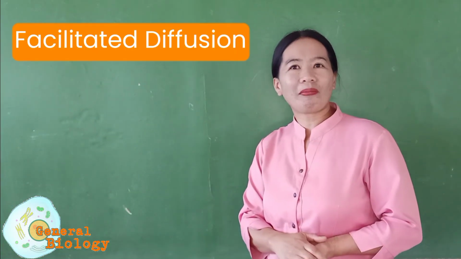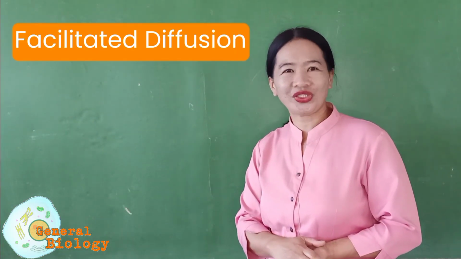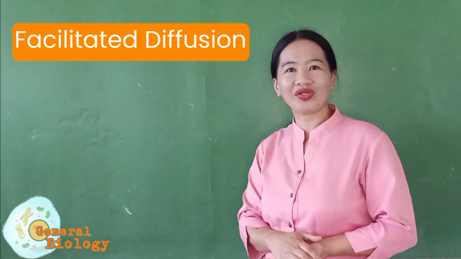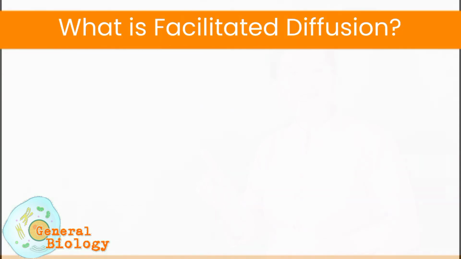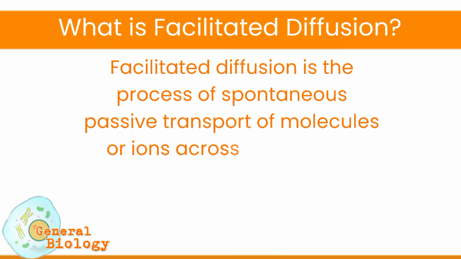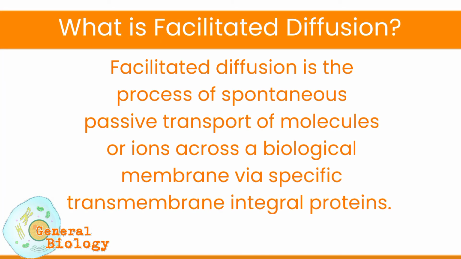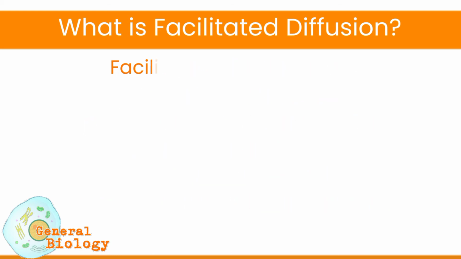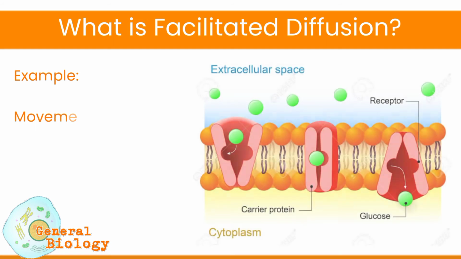Now, let's talk about facilitated diffusion. Do you know any examples of facilitated diffusion? A common example of facilitated diffusion is the movement of glucose into the cell, for it is used to make ATP.